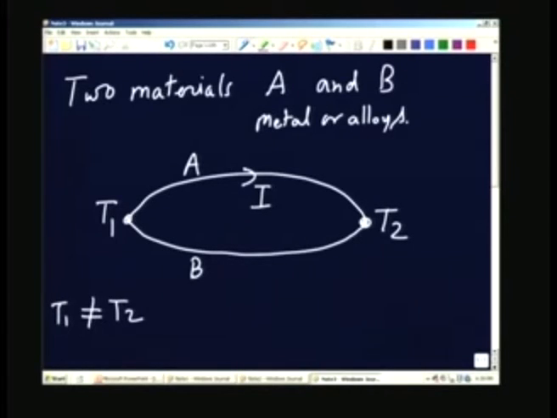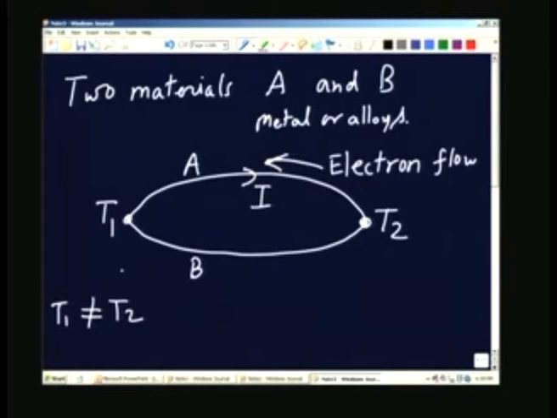So, let us look at the direction of the current. It is shown by the arrow which is shown here. Here actually the electrons are moving in the opposite direction. This is the flow of electrons. Conventionally, the current direction and the electron flow direction are opposite to each other.